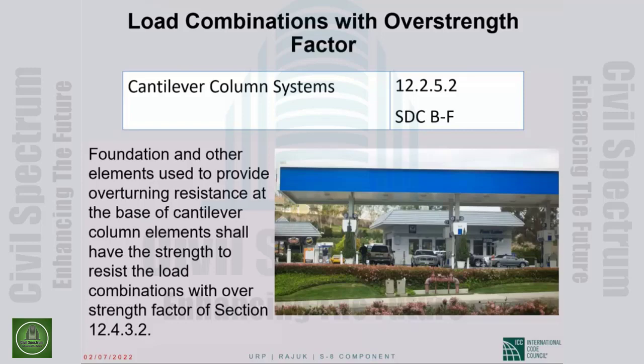You cannot just willy-nilly use them at your whim. That will be to the detriment of your structure. So these load combinations with overstrength factor shall be used where required and shall not be used where not required. The second part is more important than the first part, I would say. Please do not use them where they're not required.